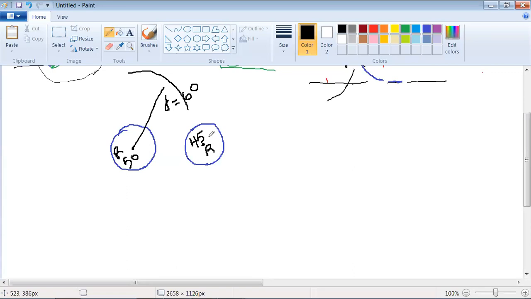Now for the other arc, we open the compass radius plus radius. So 60 plus 45, 105. We open the compass 105, the compass will go somewhere like this, and will create this.